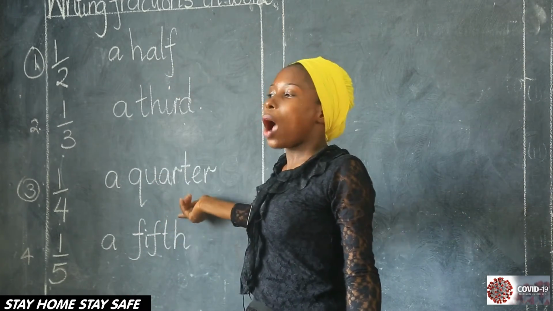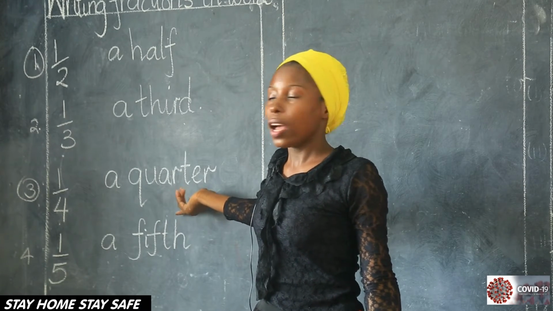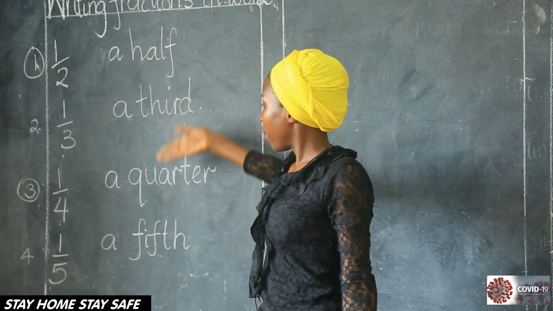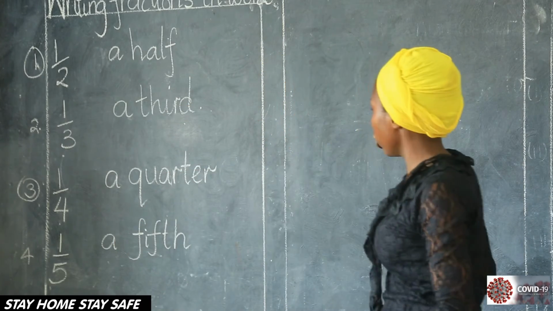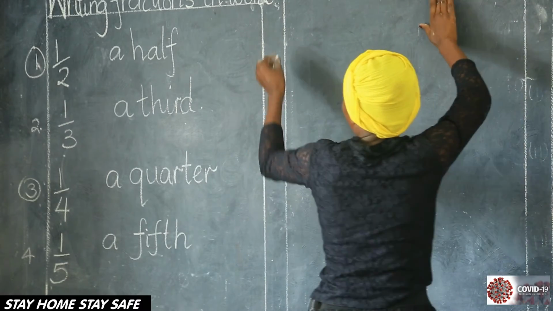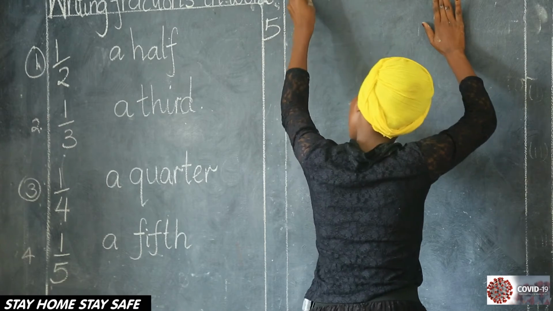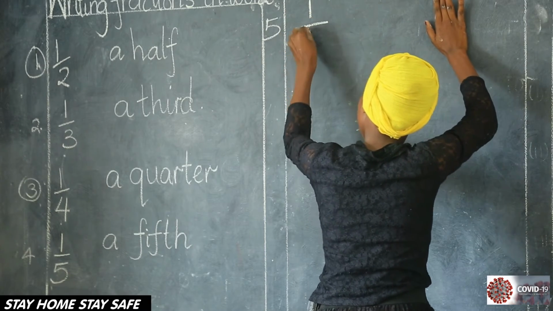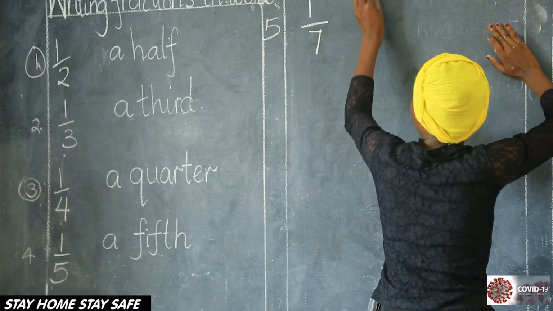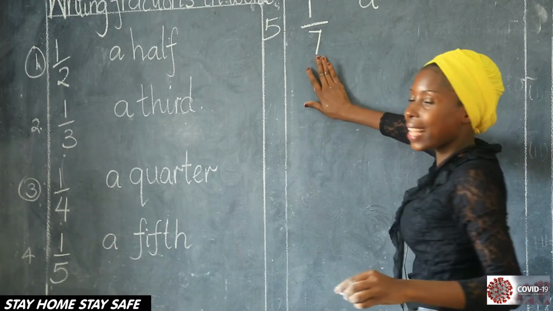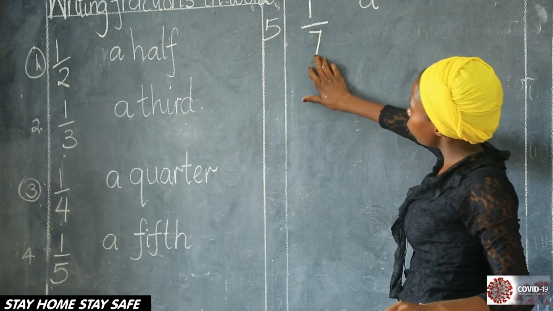We can't say a fourth. So it is better we say a half and a quarter. We are still continuing. If the number up is a 1 and then the number down, we say this as its ordinal name. What is this one's ordinal name?